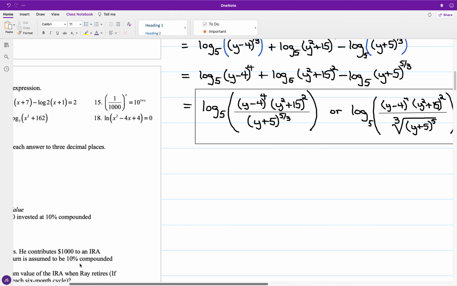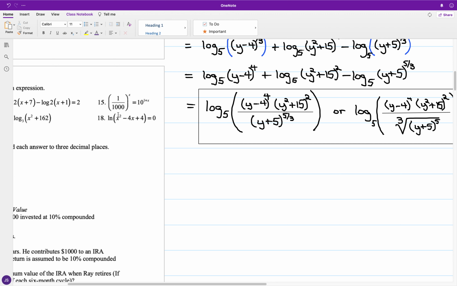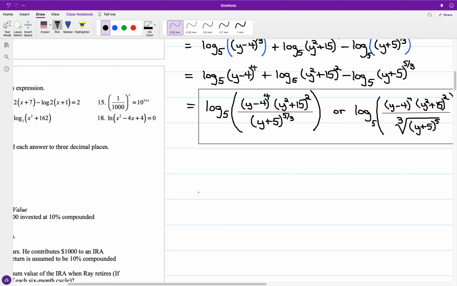Now, in the case of number 15, we have 1 over 1,000 raised to the x is equal to 10 raised to the 1 plus x degree.